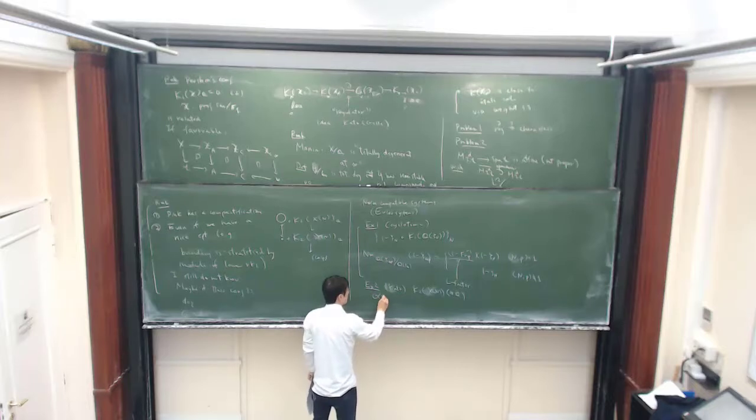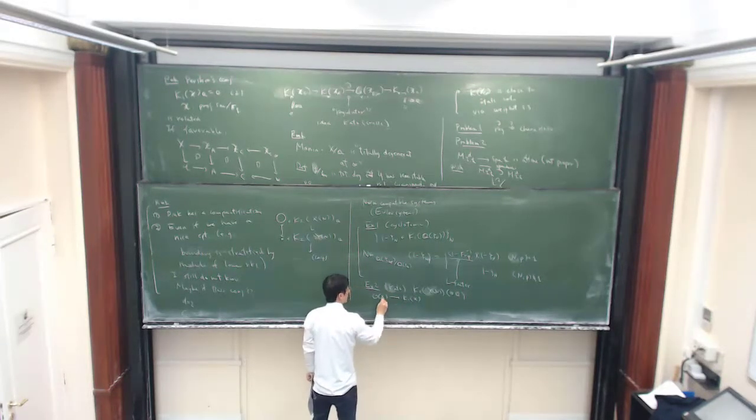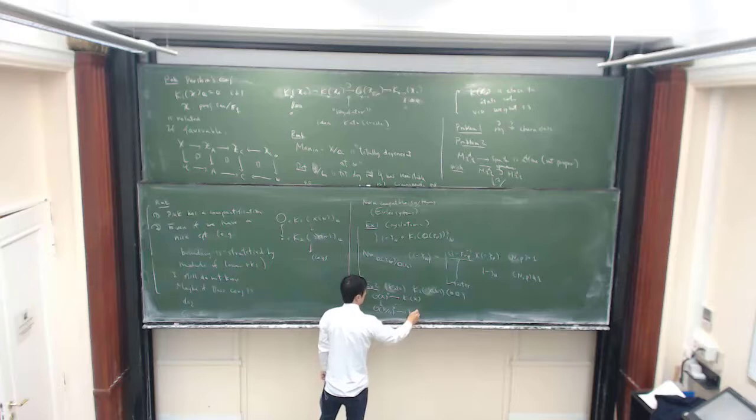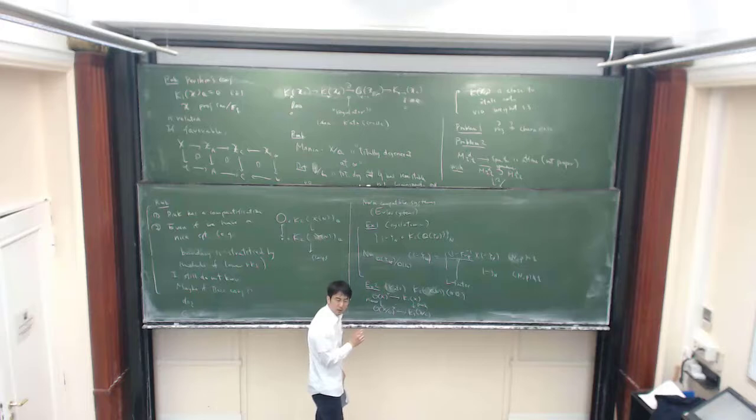So there's a symbol map, and let's say you have the finite quotient, and there's a push forward, and there's a norm map. And I don't know if this is commutative for the case where you have, like, modular curves.